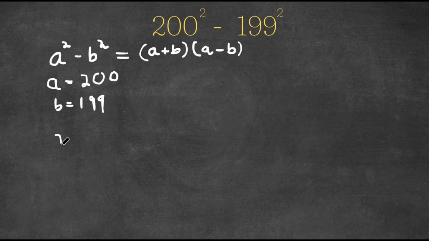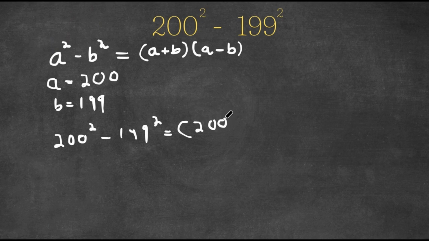So, meaning 200 squared minus 199 squared, this is equal to 200 plus 199 times 200 minus 199.